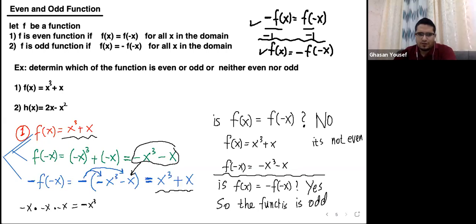Now you have to distribute the minus inside the parentheses. Minus times minus is positive x cubed, minus times minus is positive x. So the answer is x cubed plus x.